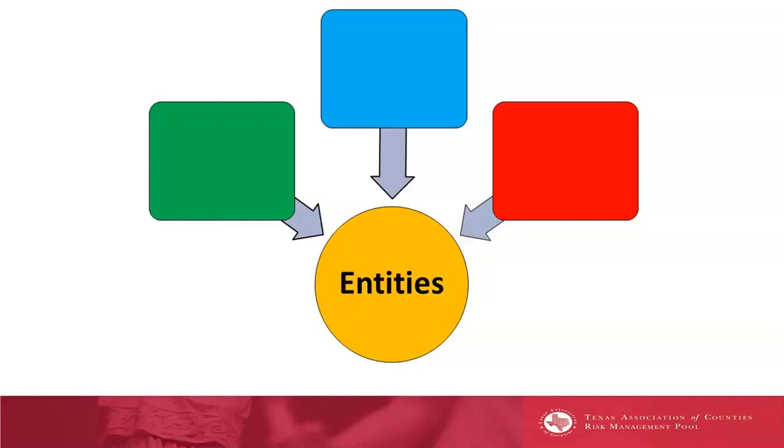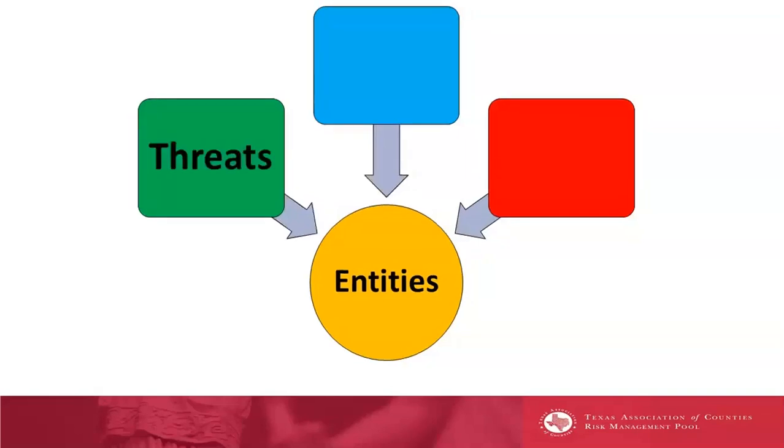There are three phases to a crisis. The first phase is threats. And as we saw earlier in the picture, threats have evolved over the years. The primary focus at the beginning was to prevent property damage from hurricanes and windstorms and things like that.